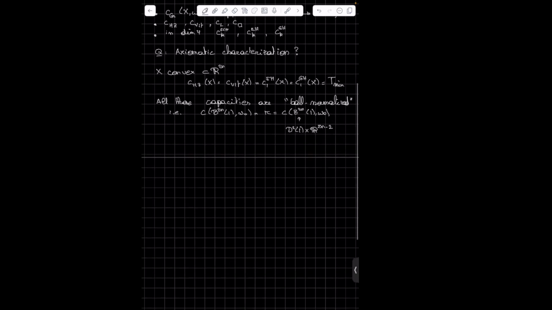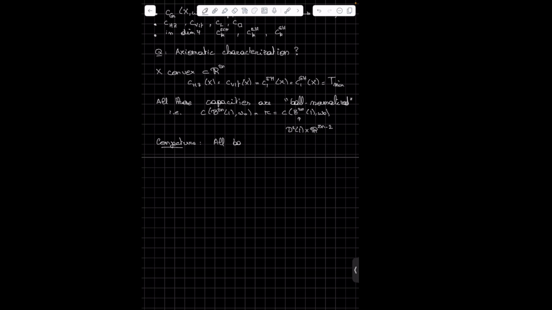Therefore, there's still a conjecture which remains: that the ball normalized capacities coincide on a convex domain with a symmetry. We know it's true if the convex domain has an S1 symmetry, but maybe if they have only a Z2 symmetry, it still holds.